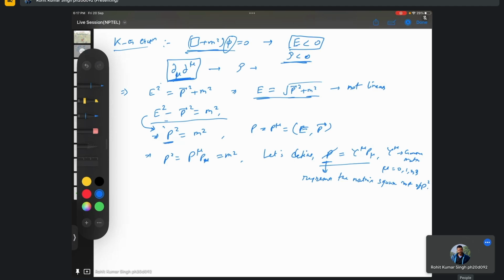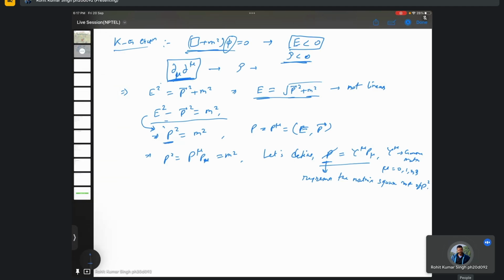That is, we can write something like this, which is equal to P squared times the identity matrix. So we have defined P slash like this, so you can write it.